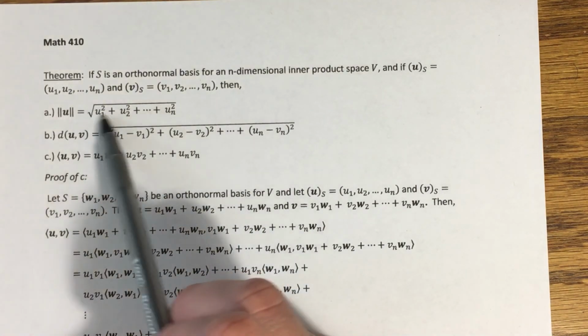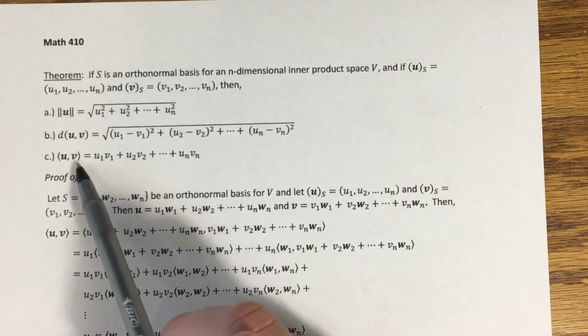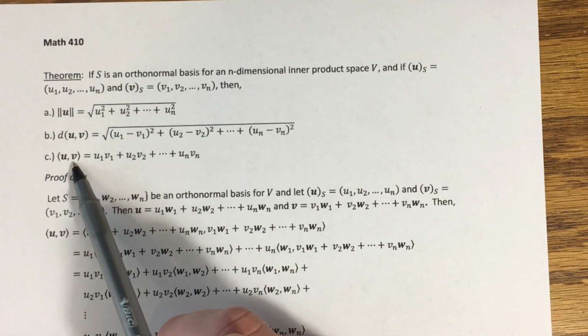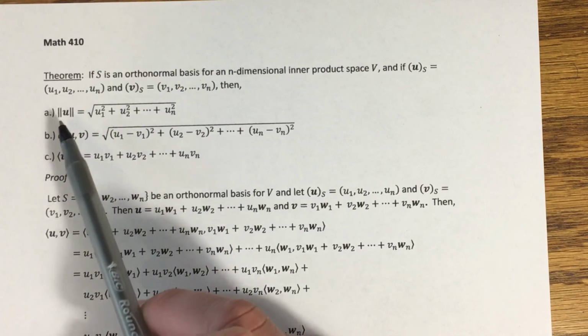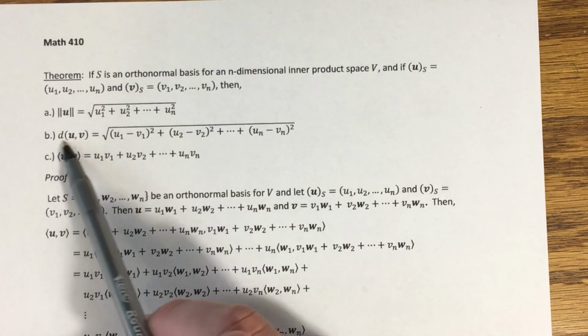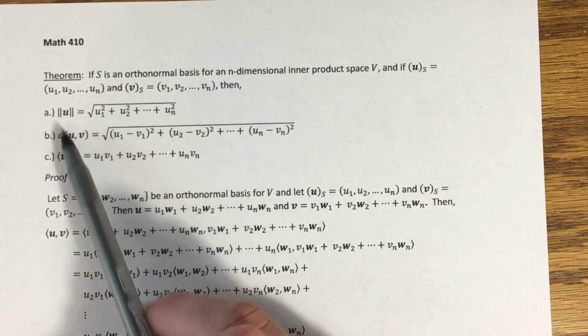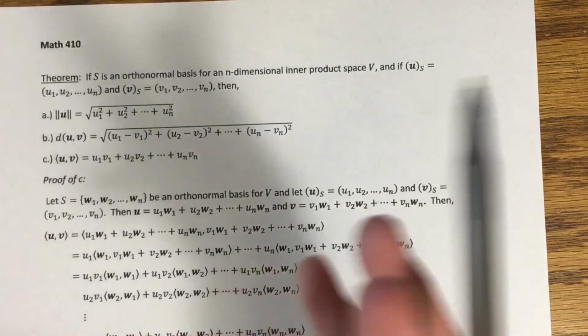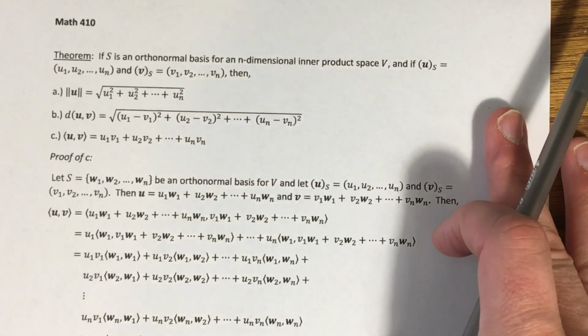That's how you evaluate norms, distances, and inner products if your inner product is the dot product. Remember, the more general case for norms and distances are defined in terms of whatever your inner product for an inner product space happens to be.